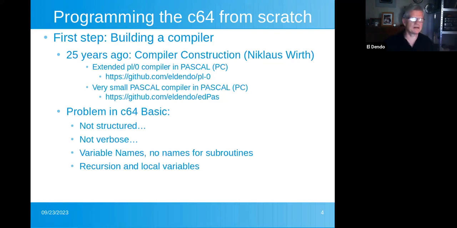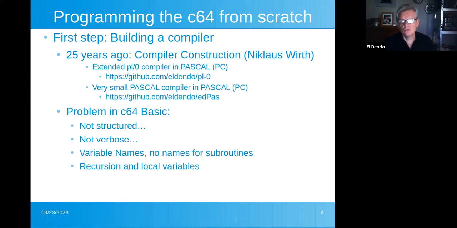But of course, there are some problems. BASIC is not structured. It's not very verbose. And when you have to write a program which is a little bit complicated, like a compiler, you need those things. Variable names are also a problem.